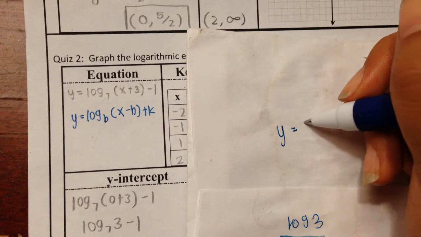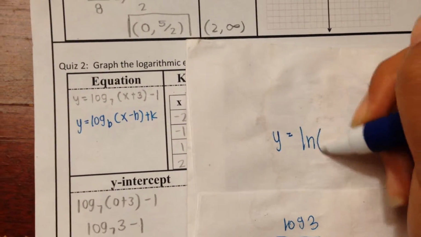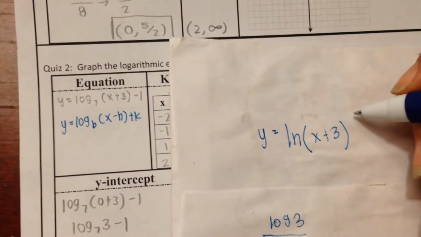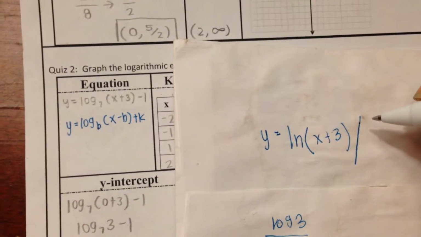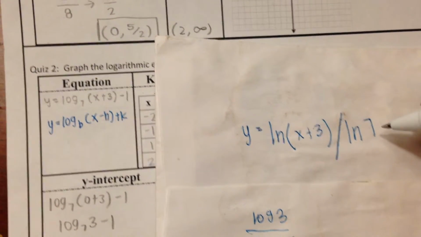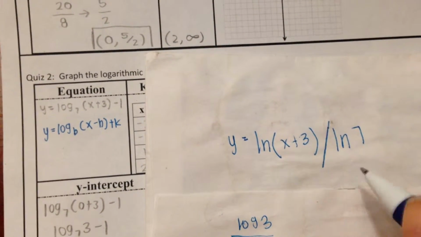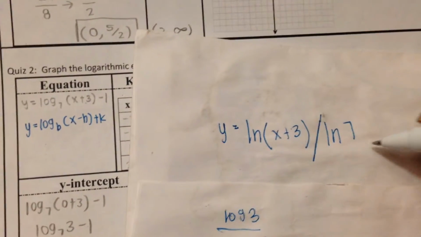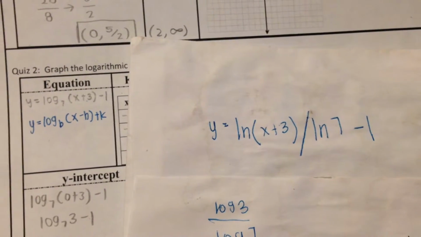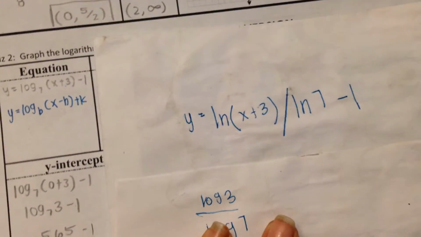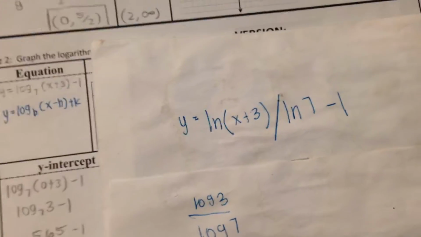So we're going to do ln of x plus 3, and then divide by ln 7, because we're doing change of base. I'm using ln for you guys this time. So this is basically just the same thing, but with change of base formula, minus 1. Plug that into your y table, and press for the table to see all the points. Then you can look at any of these points.